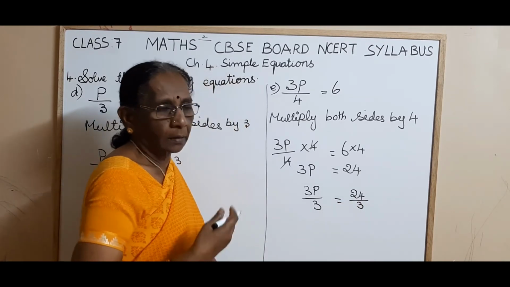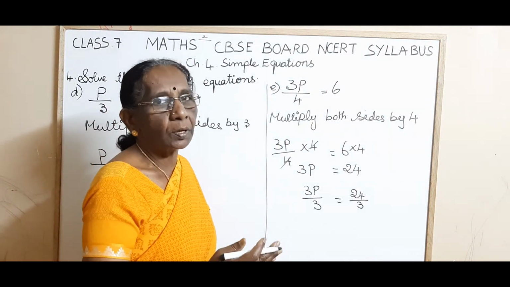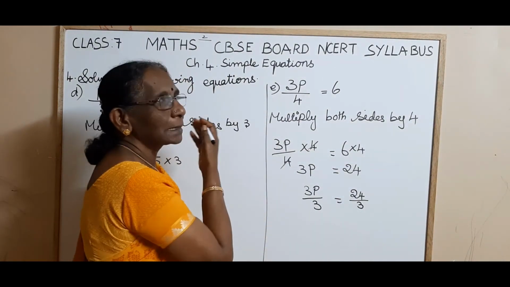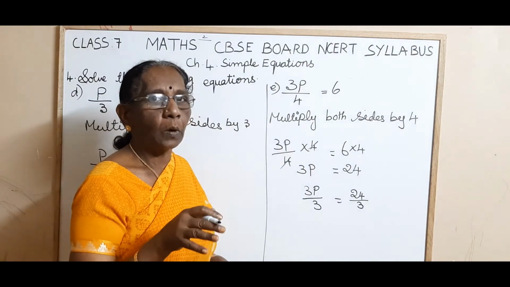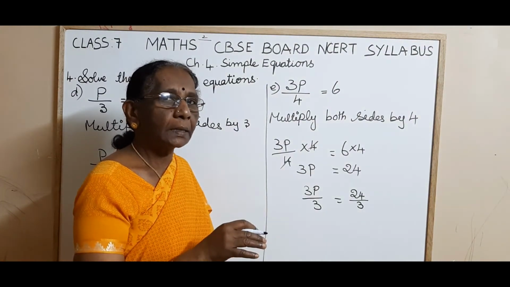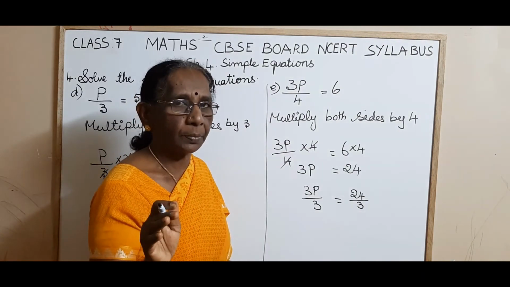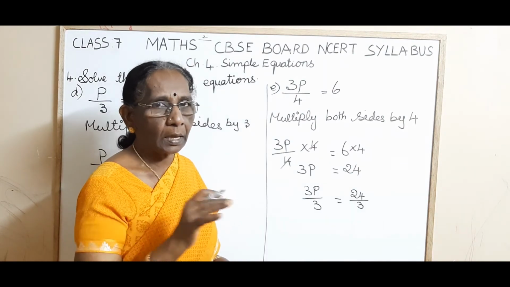Now you are going ahead, isn't it, children? So when you go ahead, you can cut short some steps. It is not necessary here, because the question is only to solve the equations. In the previous questions, we had: write the first step to eliminate or separate the variable from the constant, and then solve the equation.